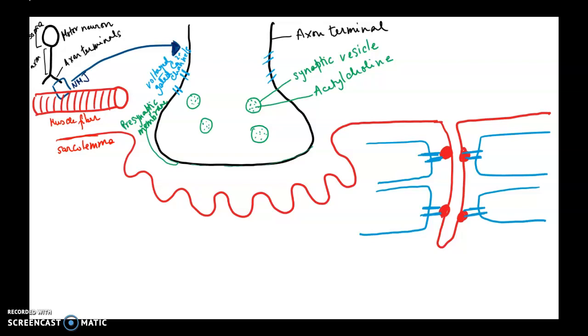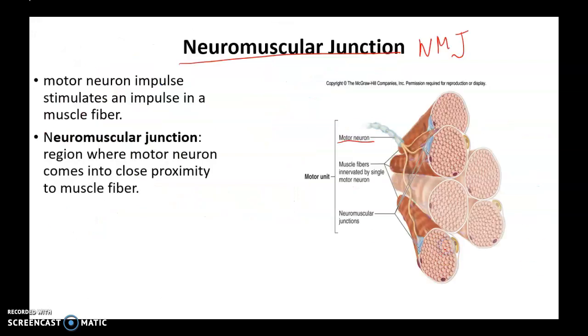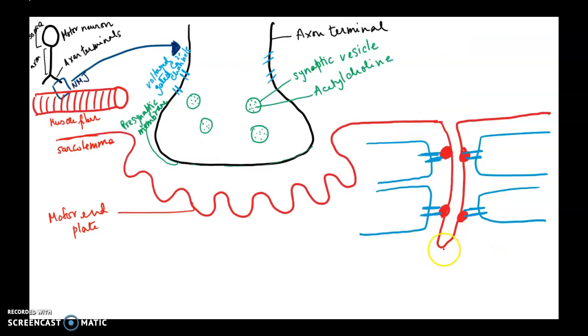The folded part of the sarcolemma is called the motor end plate. That's a folded part of the sarcolemma. The sarcolemma continues and it invaginates. What are invaginations of the sarcolemma called? These are called T-tubules.